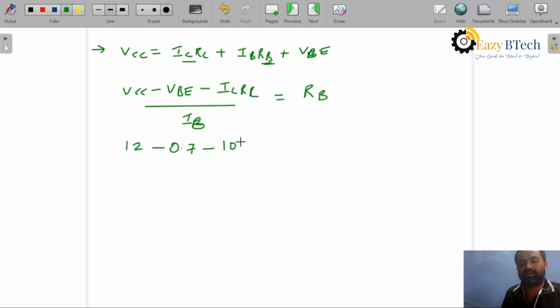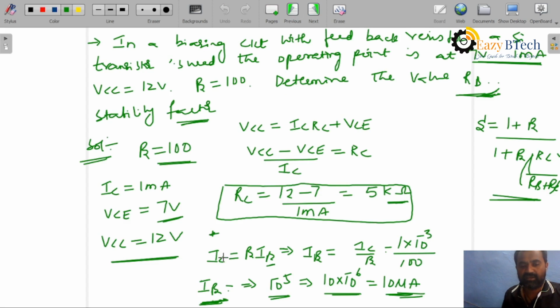The IC value we got previously is 1 milliampere.